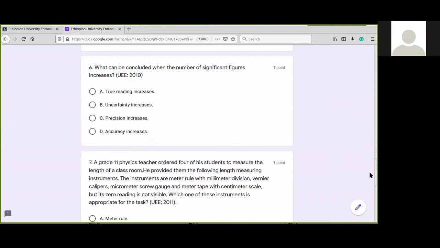The number of significant figures increases. What about precision? Precision is how much a value is near to the others. Yeah. So the number of significant figures increases, can we say that it is more precise or accurate?